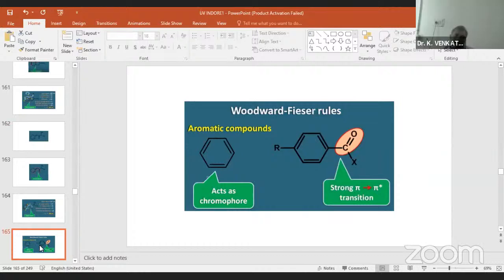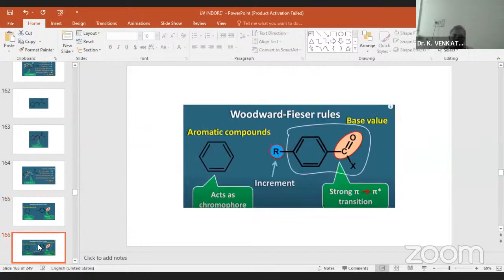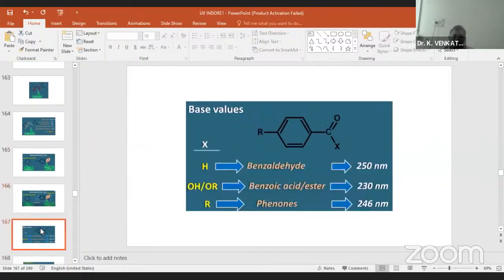So this is for the aromatic chromophore, and benzaldehyde, ma'am, is here. This type of compound is present: C double bond O with X. In case hydrogen is present, what is the base value? 250 nanometers.